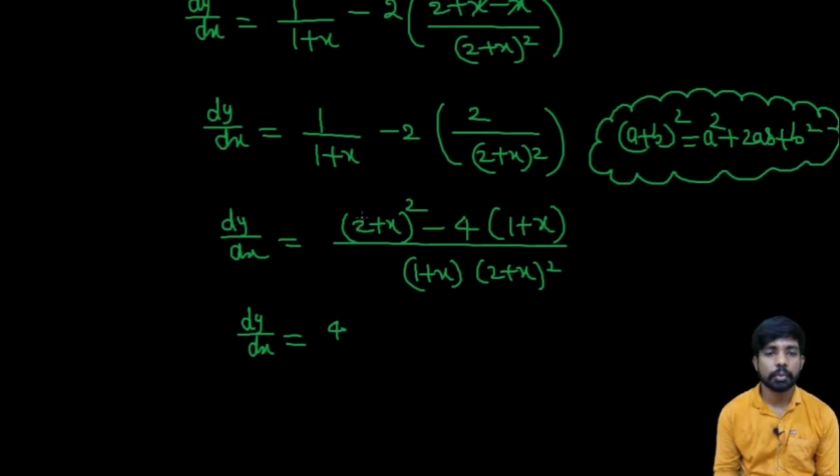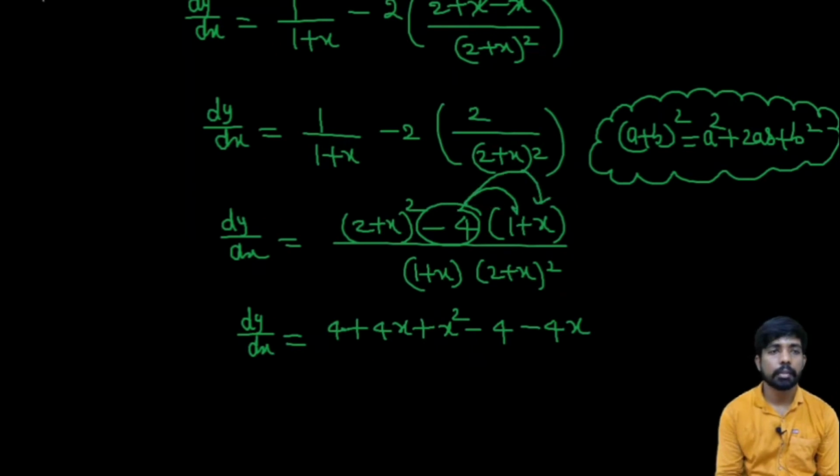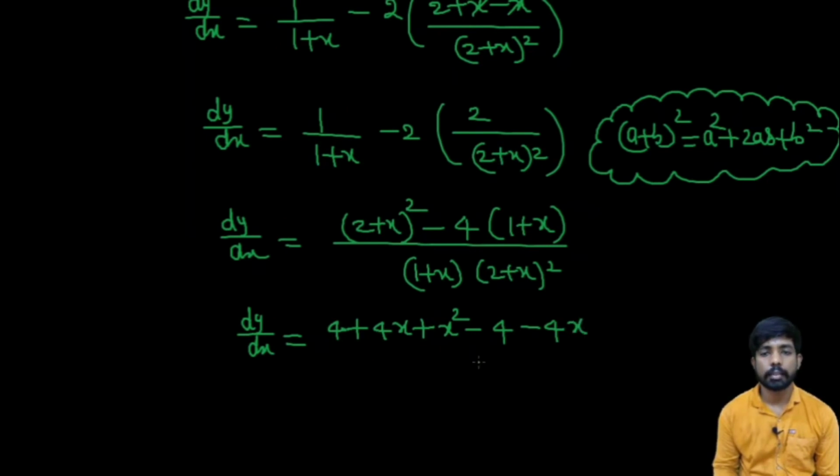A square is 2 square 4 plus 2ab, 2 2s are 4 into x, 4x plus b square is x square minus 4 into 1 minus 4 minus 4 into x minus 4x, minus 4x divided by 1 plus x into 2 plus x whole square.